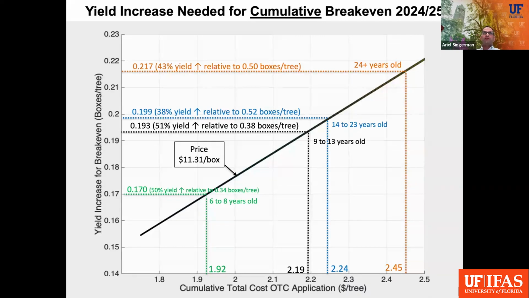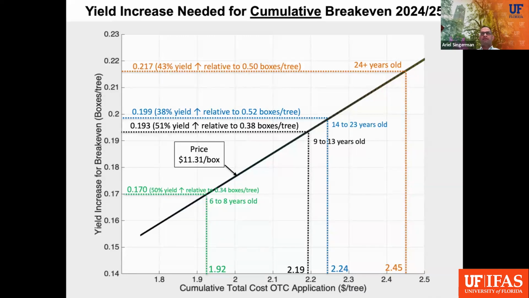That represents a 43% yield increase relative to this past season average for that tree age group of 0.5 boxes per tree. For the 14 to 23-year-old trees, that cumulative total cost is $2.24, and so the yield would need to increase by 38% relative to that tree age group average this past season.